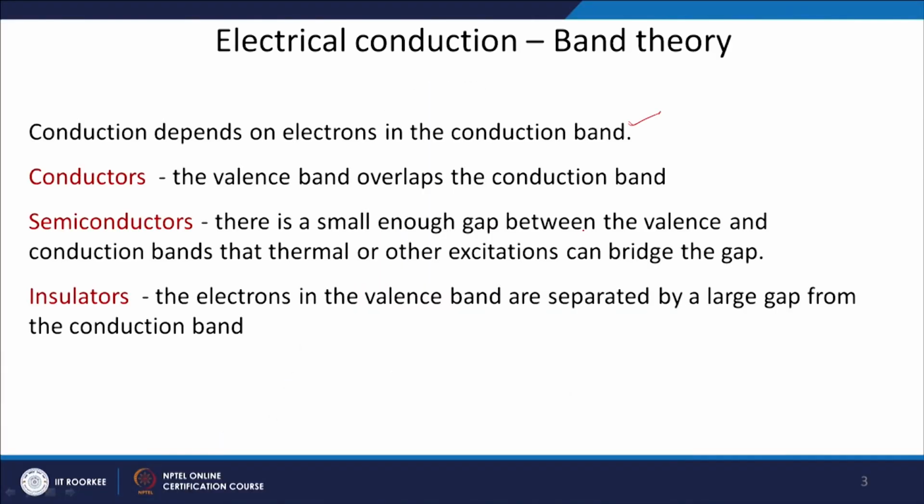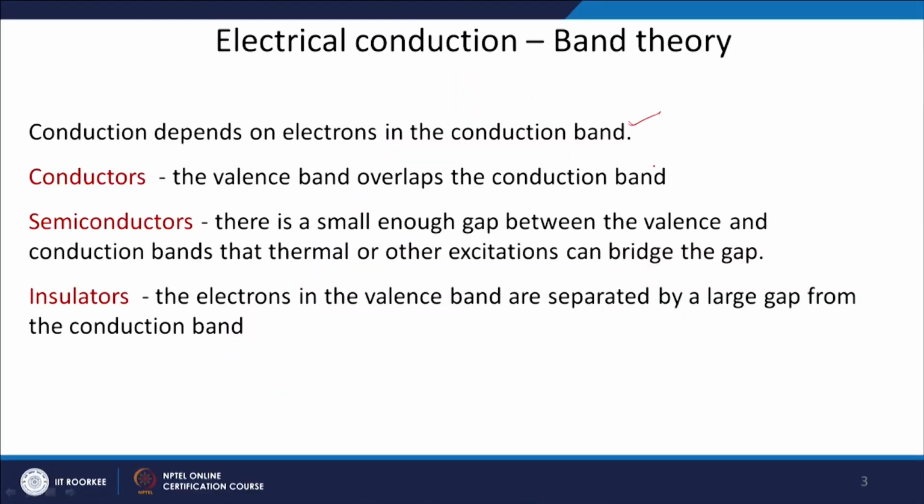This is one of the important differences between conductors and semiconductors: conductors have lower conductivity at higher temperature. As you increase the temperature, the conductivity of a conductor will come down, whereas in semiconductors, when you take them to higher temperature, the conductivity increases, because now more electrons can go to the conduction band.